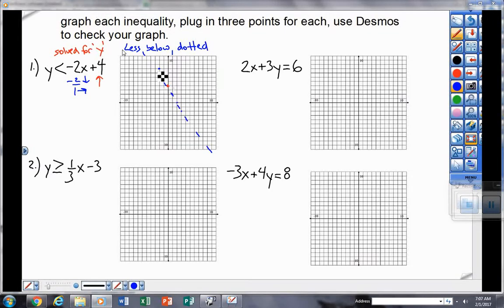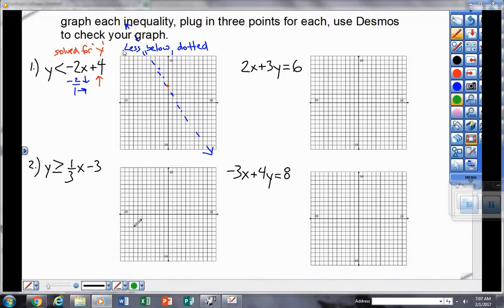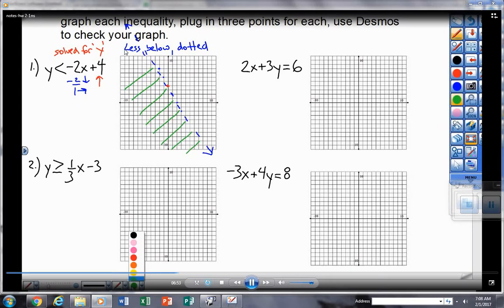And then what I'm going to have you do is plug in 3 points. I'm going to have you plug in a point below that dotted line, a point on that dotted line, and a point above. I know the shaded zone is going to be below, so now I'm going to check my work. I'm going to pick a point in the shaded zone. 0, 0 is nice and easy. I'm going to pick a point on the line. 0, 4 is going to be a nice easy one.